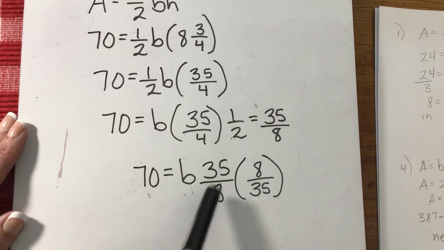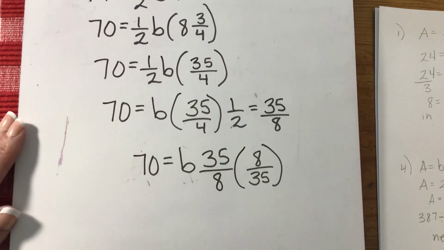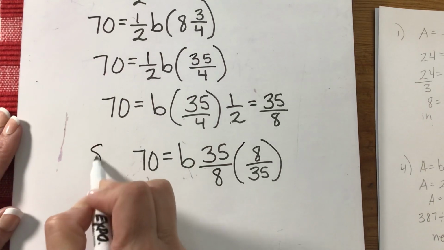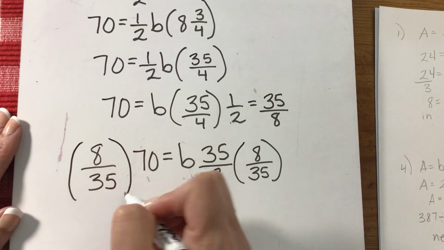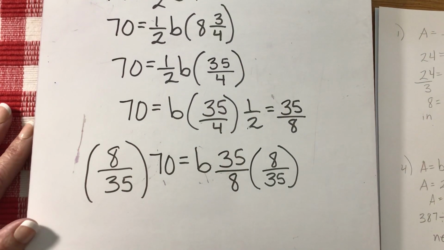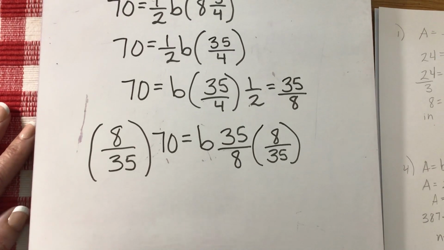Because, look, if I cross-reduce, don't I end up with just 1? And that's exactly what I want, because I want B all by itself. Whatever I did here, I need to do here. 8 over 35. Again, if I'm going too fast, go back, okay? This is really important because you're going to see this on your homework. Well, I guess all work is homework now.